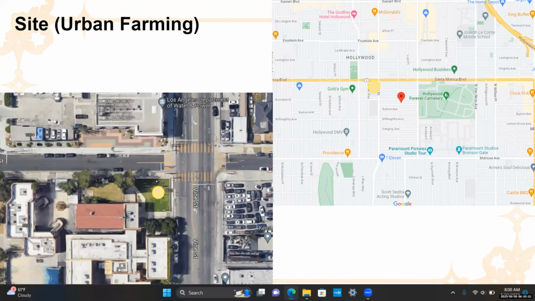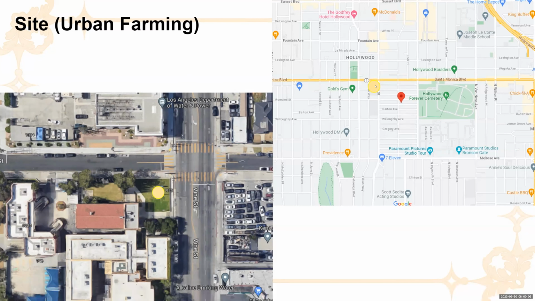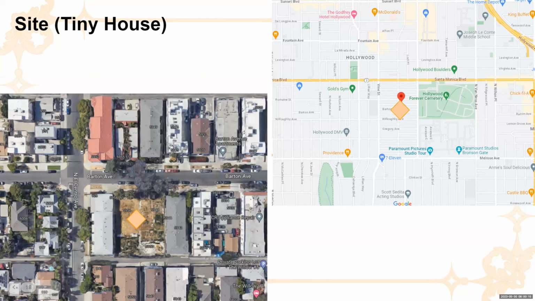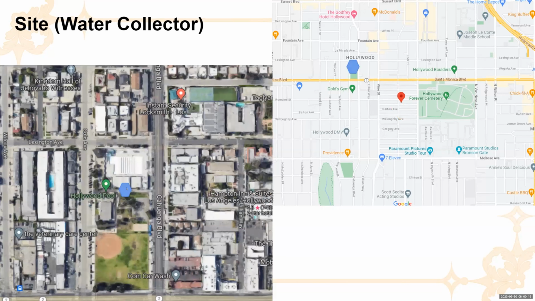It's the location of the urban farming, located here. Here's the place for the solar lights, located here. The tiny house is placed here. Water collector.